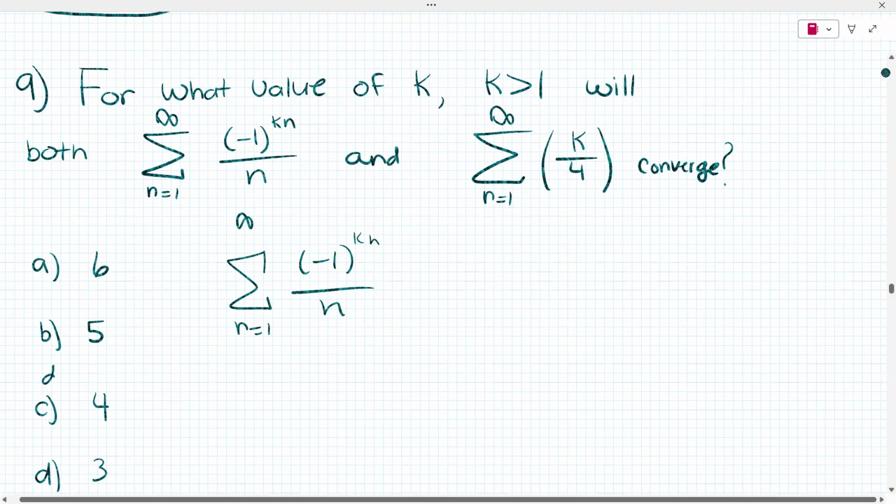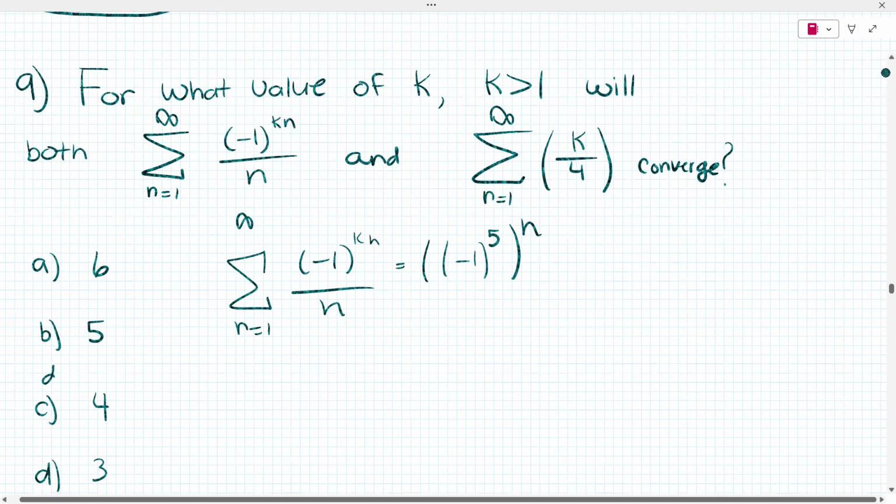For example, if we use 5, because it has to be odd, you get negative 1 raised to the 5 raised to the n.